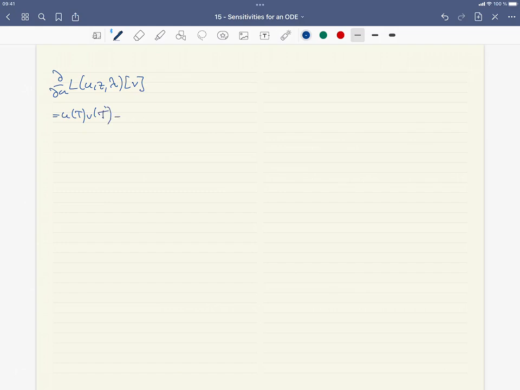Then I have my integral from 0 to T. Then I have a minus v of t, which substitutes the u of t, the lambda dot, then minus d over du f of t, u of t, times v of t.